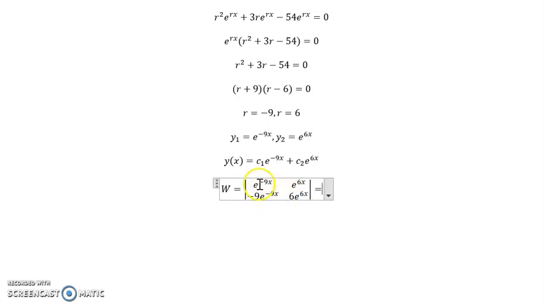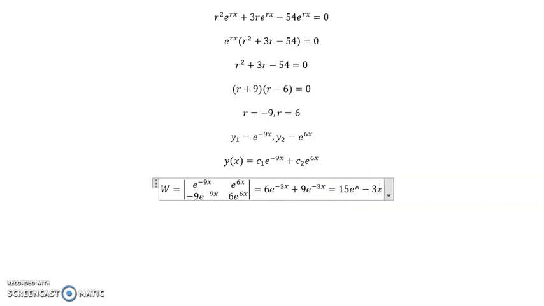And when we multiply these, we get 6 e to the negative 3x, plus 9 e to the negative 3x, because negative 9 and positive 6 add to be negative 3. And so we end up with 15 e to the negative 3x.